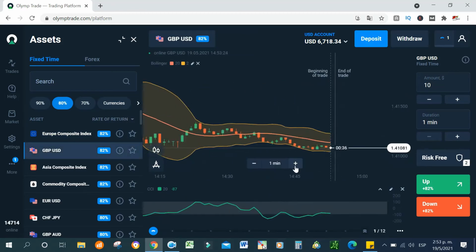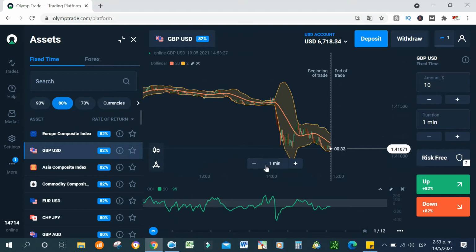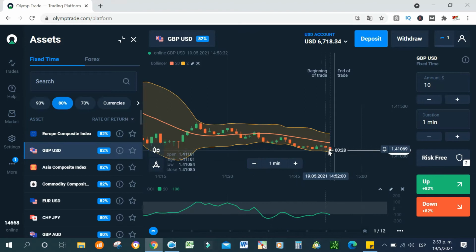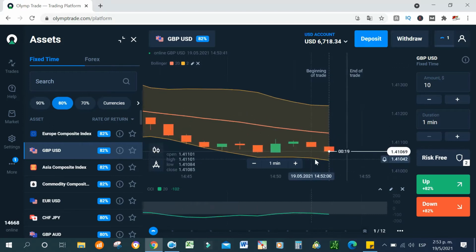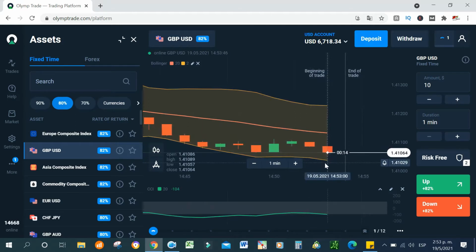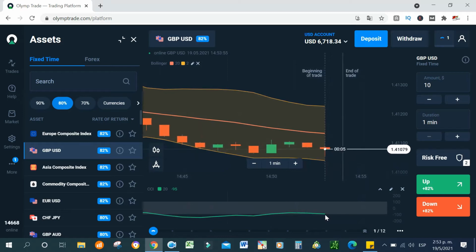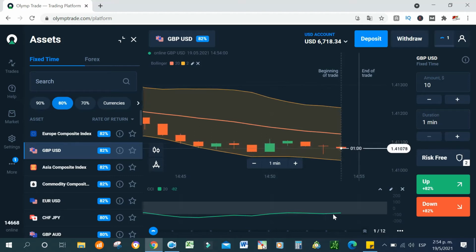Alright, we may have an opportunity here. So let me explain to you. Once the price reaches the lower Bollinger Band, as you can see, it is almost there, and if it touches the lower Bollinger Band, we are going to see the CCI indicator, which is the indicator that we will use to observe if the price is oversold or overbought.